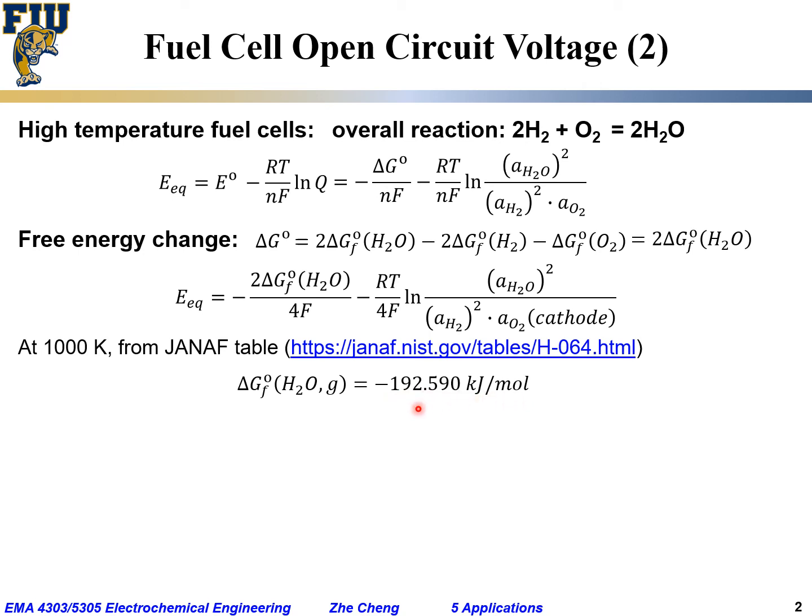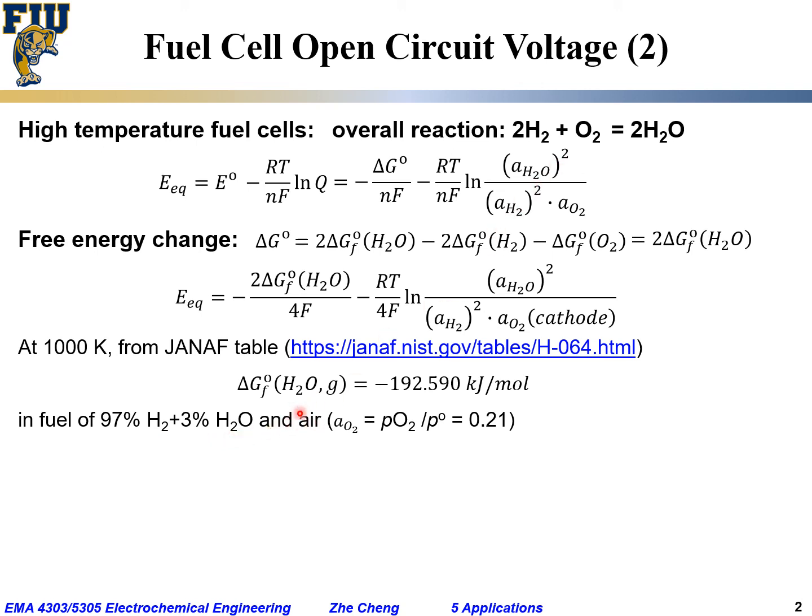You get this number from the JANAF table. And then if we know our fuel mixture, quite often the fuel would be a hydrogen water mixture, 97% hydrogen, 3% water at 1 atmosphere.